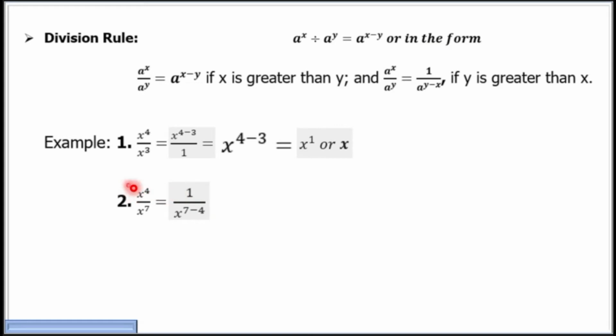Okay, so nabilin diri is 1 over x raised to the power of 7 minus 4, that is equal to 1 over x cubed. Yan naman, 7 minus 4 is 3, and that is read as 1 over x cubed.